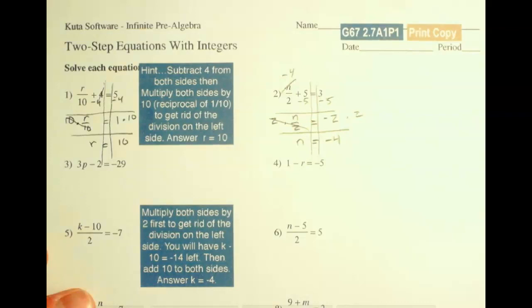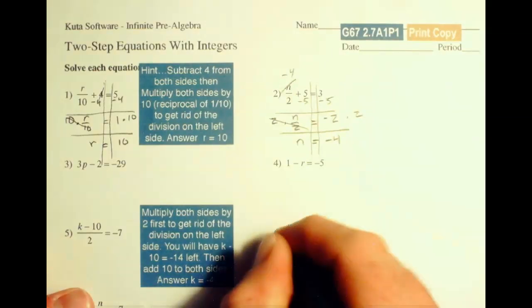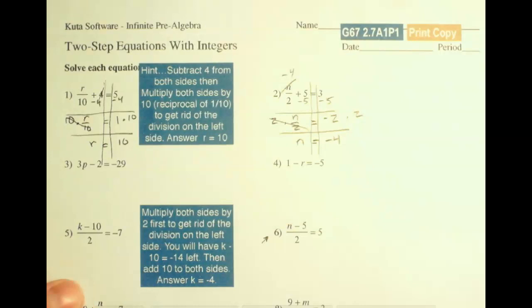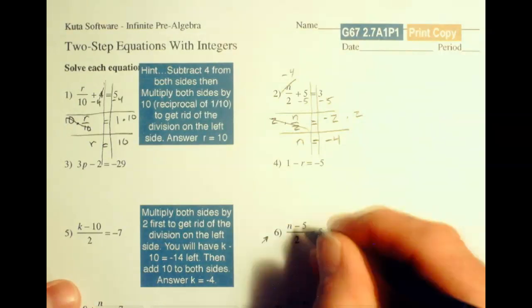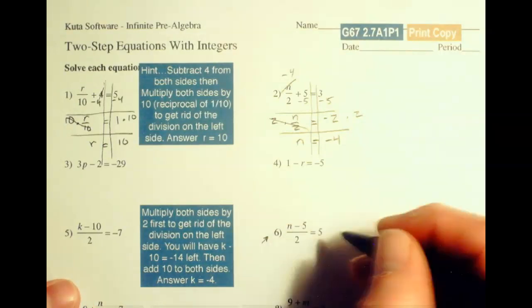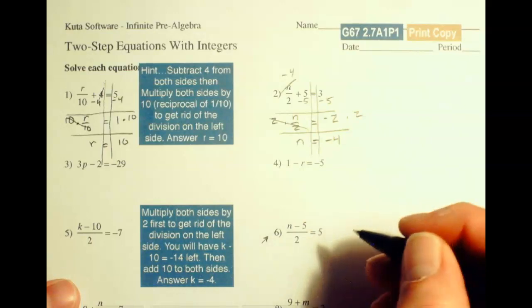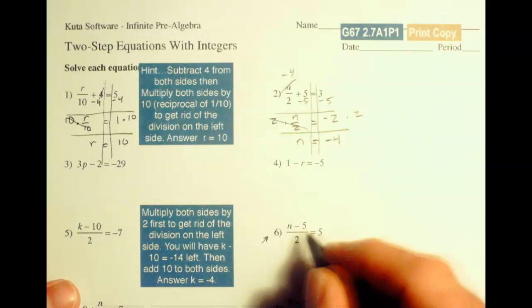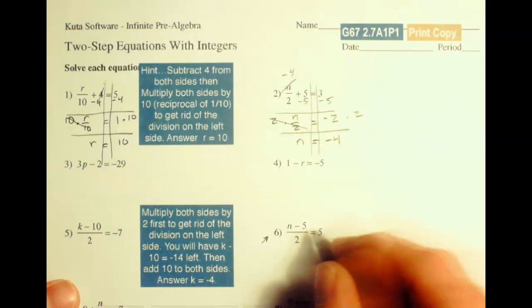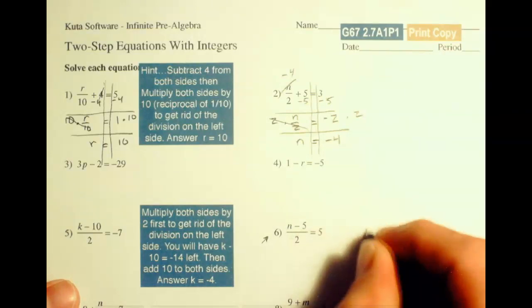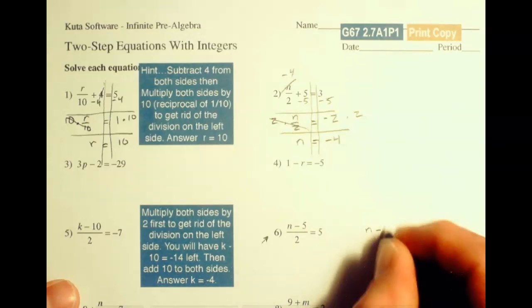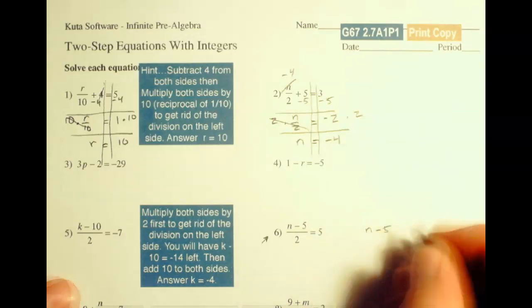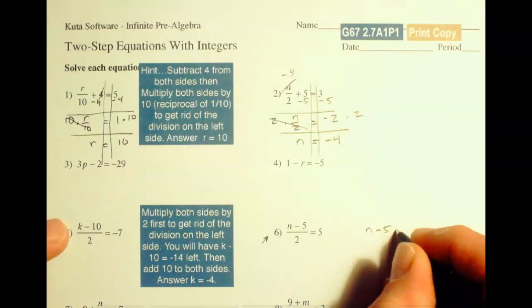Okay, number 6. I know you might be thinking, hey, let's add 5 to both sides. We can't really do that because that minus 5 is tied up in this numerator. So what we have to do is get rid of the denominator first.